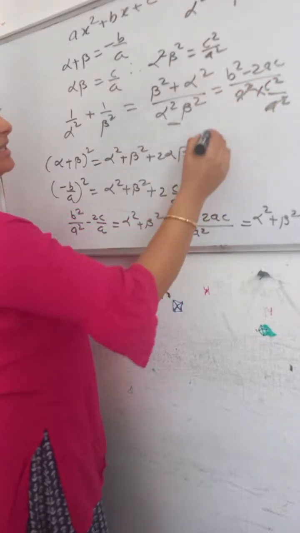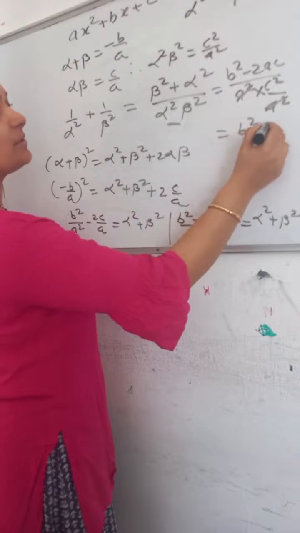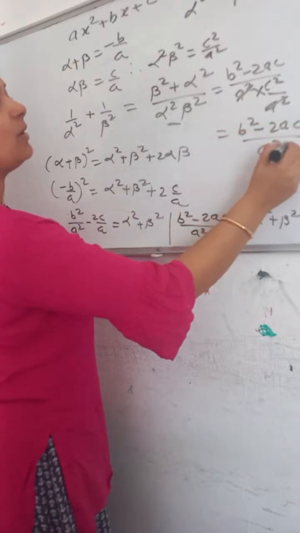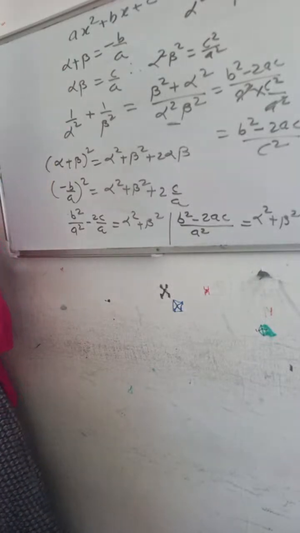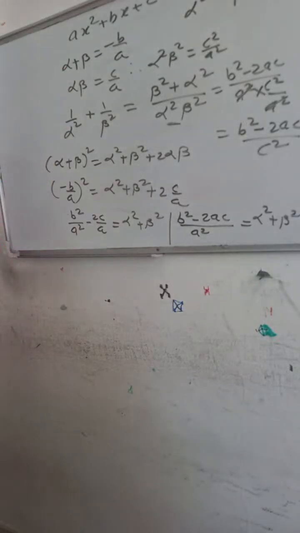This gets cancelled and you will get the answer b square minus 2ac upon c square. Can you get this? That's it. This is the answer. Don't make a mistake while taking the squares. You have to use the identity. Don't do a direct square.